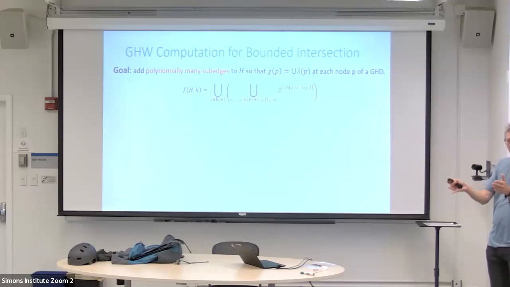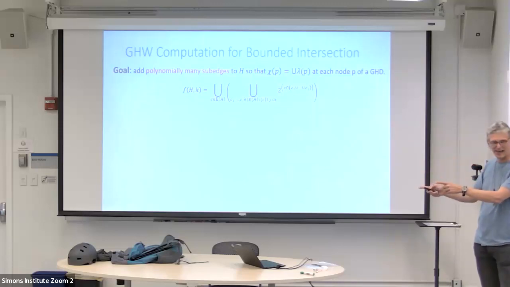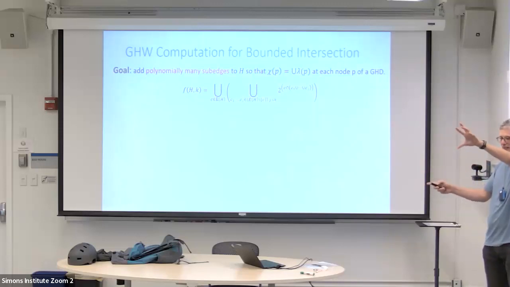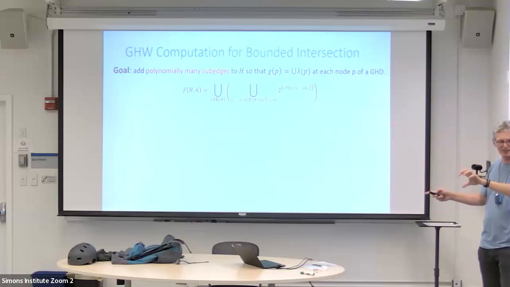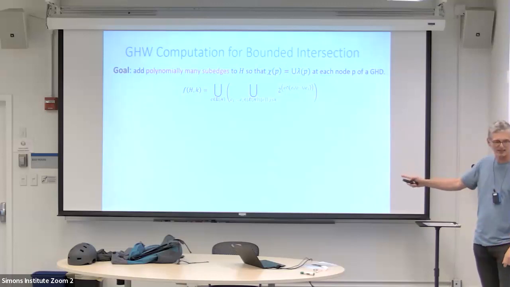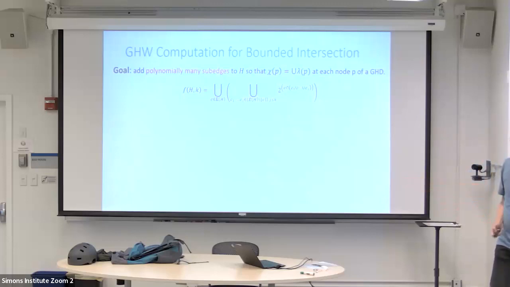Because if a variable from the edge cover is missing in the bag, then just replace one of the edges by an appropriate sub-edge so that all of the vertices of this edge are now indeed present in the bag.